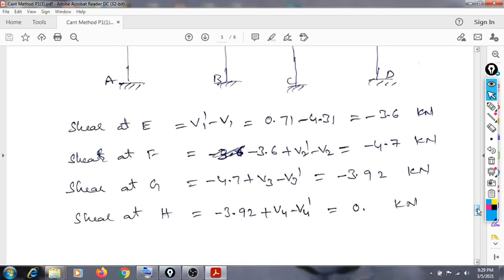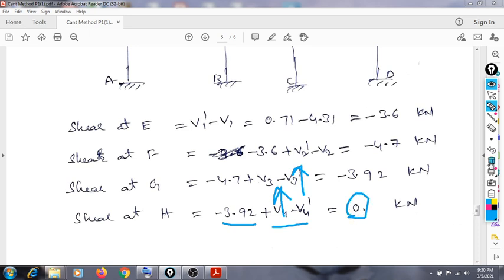Shear at H will be minus 3.92 plus V4 minus V4 dash, because V4 is moving upwards and it is towards H, and V4 dash is also moving upwards and it is away from H. So we get the answer as 0 when we solve shear at H, and we get the desired result.